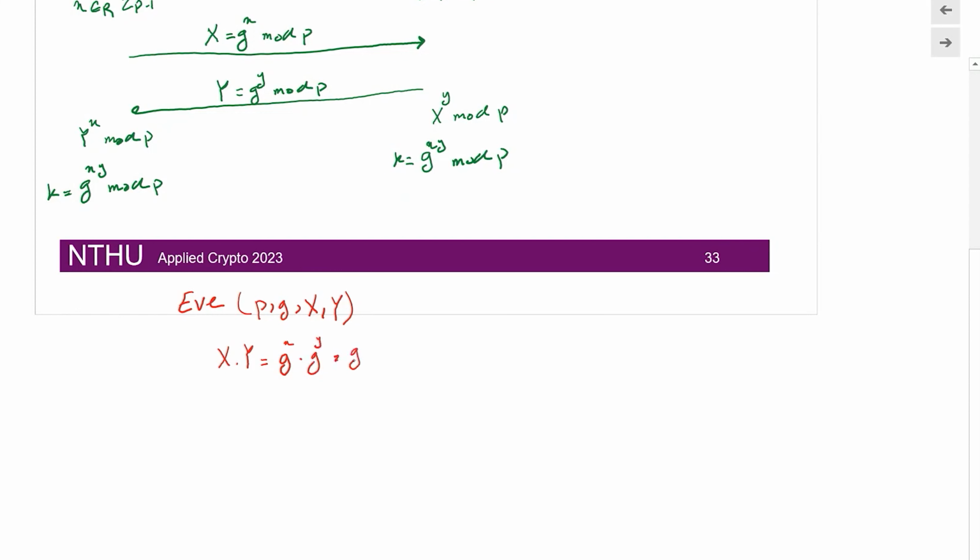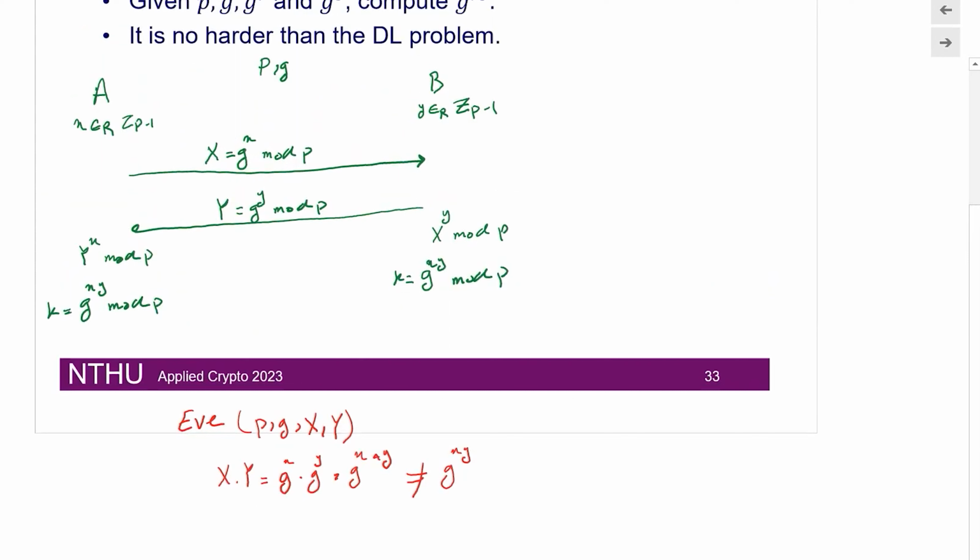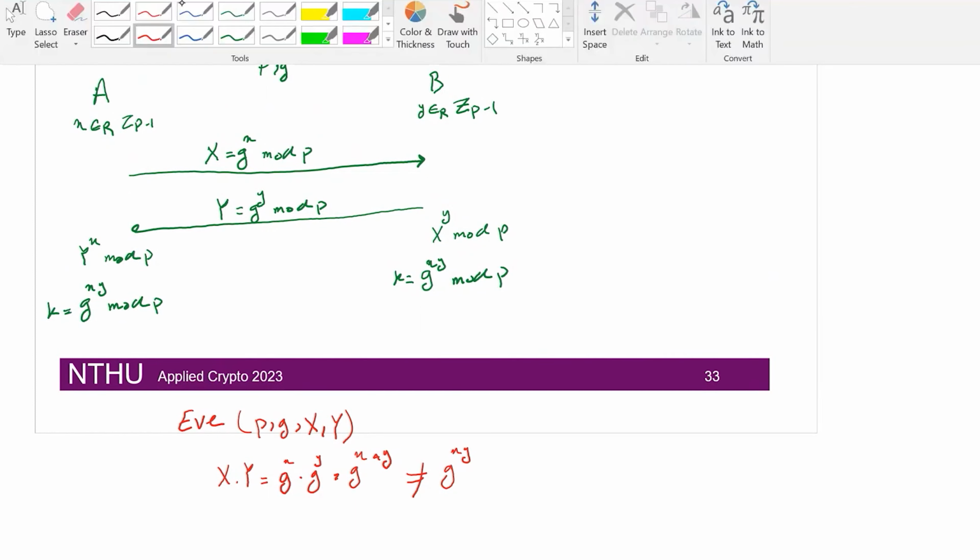She gets G to the x plus y. This is not equal to G to the xy, right? So Eve, even after observing this communication and obtaining these values, cannot compute the key K just like the other parties, because she needs those small exponents x and y.